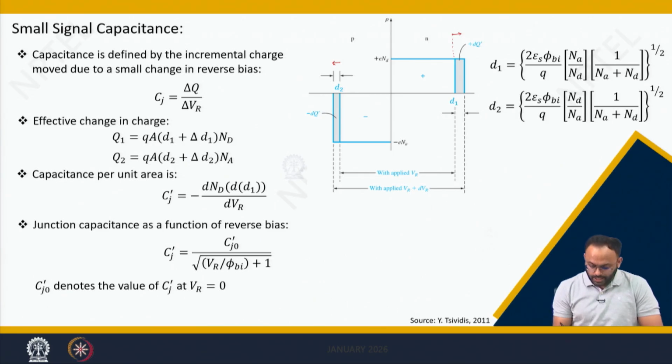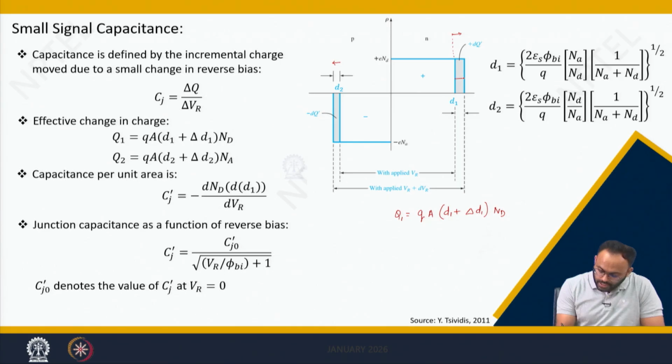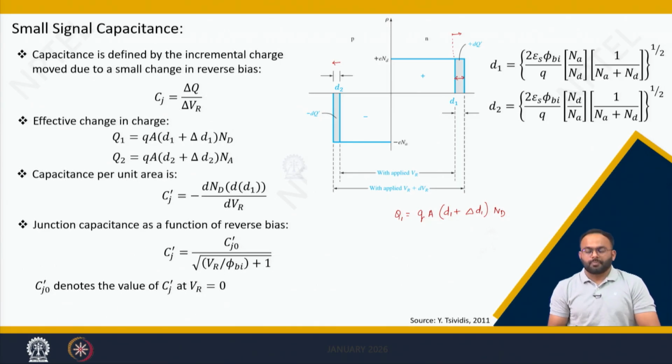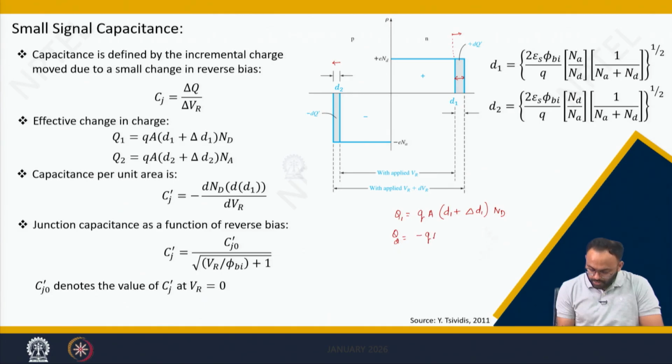So if we want to write the charge balance equation, Q1 at the N side is nothing but q into A into d1 plus delta d1 into ND, where delta d1 is the expansion of this layer. Similarly, I can write Q2 equals minus q into A into d2 plus delta d2 into NA.